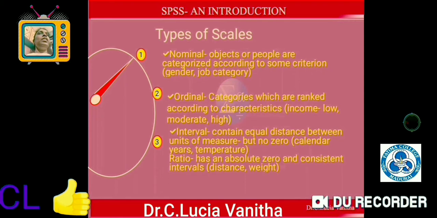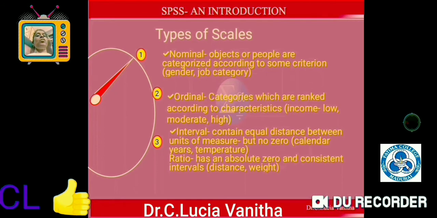Nominal: when we say nominal, the objects or people or anything, we are categorizing according to some criterion. For the sake of dividing, we are doing it. Say gender, that is male and female, we are dividing just for the sake of categorizing the entire group. Say the whole BCom is divided into first BCom, second BCom, third BCom, like that.